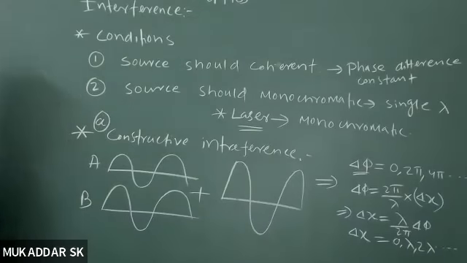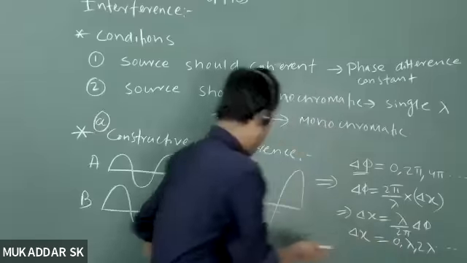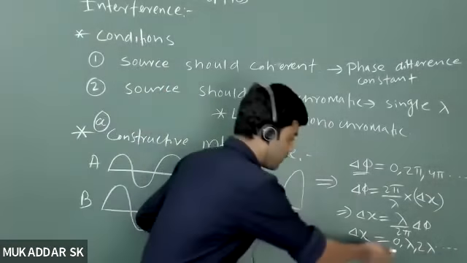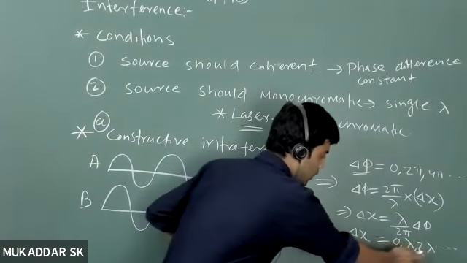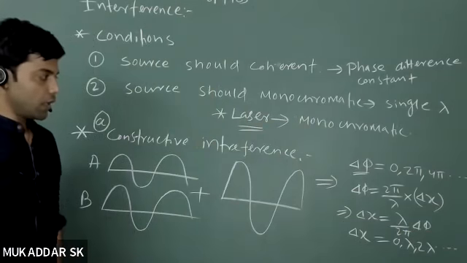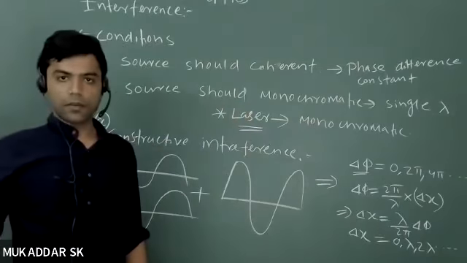Did you get what I'm saying? So this is the condition for constructive interference. When two or more rays have a path difference like 0, lambda, 2 lambda and so on, then you will get constructive interference. Okay. And lambda is what here? Lambda is the wavelength of light that you are using.